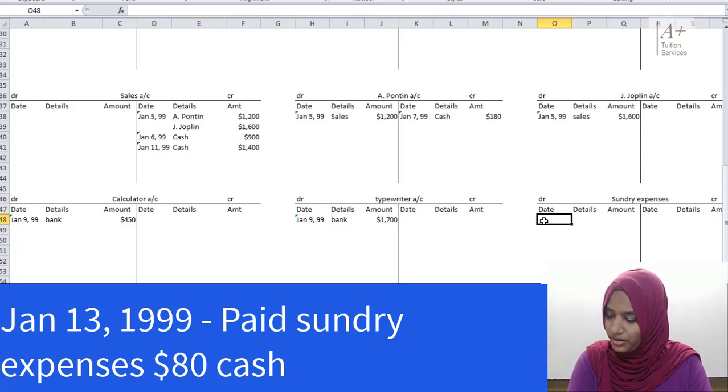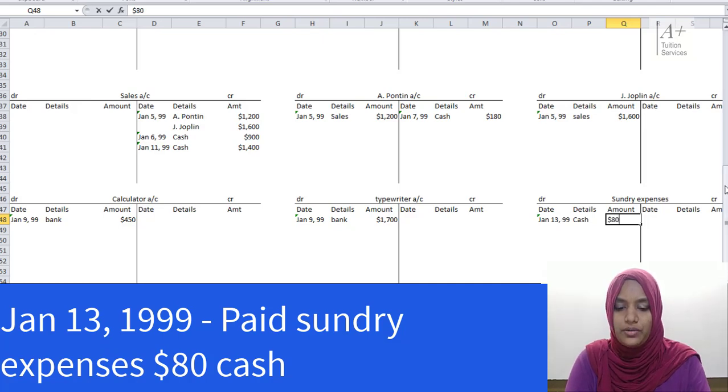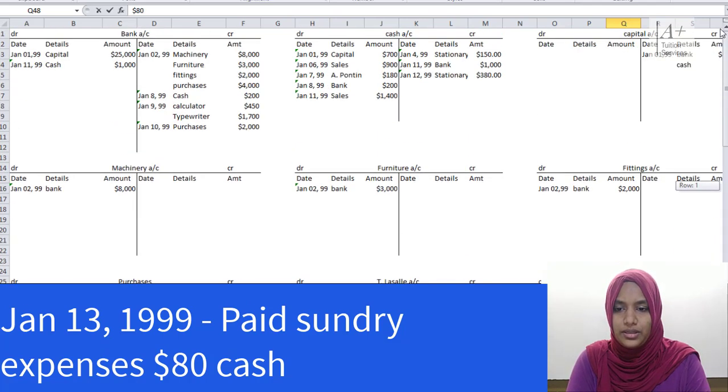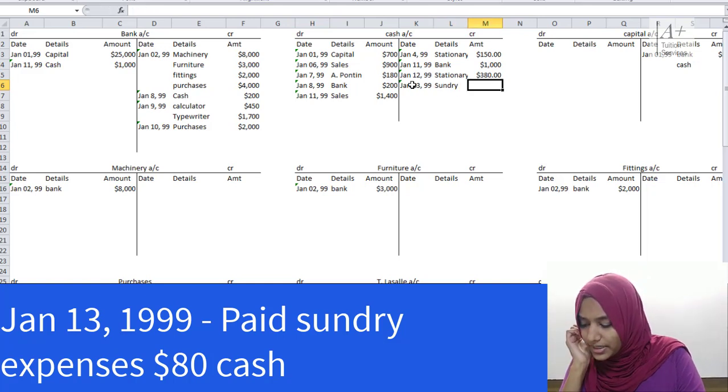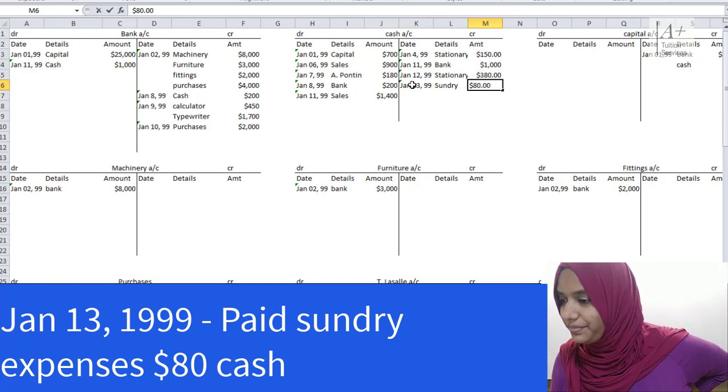So January 13th, let me rewrite that date, January 13th, 99, we have cash of only $80. Sundry expenses are usually very cheap. And we go in here, January 13, 99, and we have sundry as the details, and it is $80. So that takes me to the end of my transaction listing.